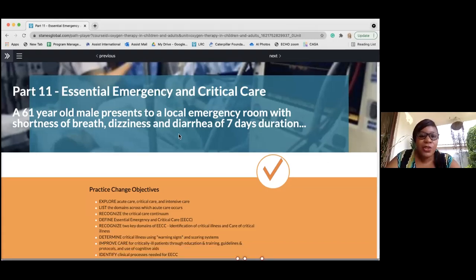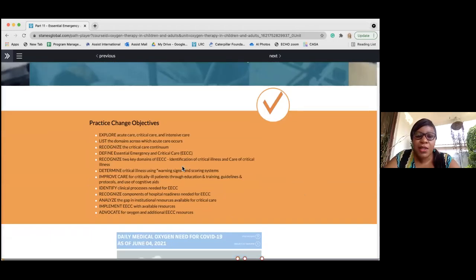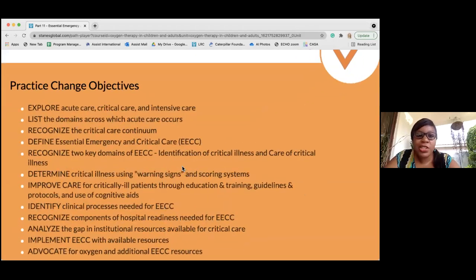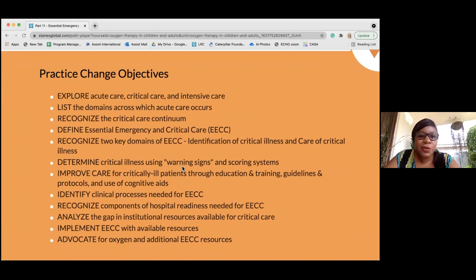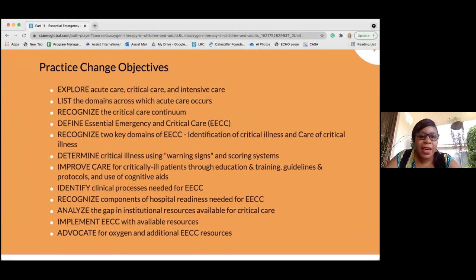Throughout today's session, we'll be referring to our patient, Mr. G, a male, 61, who presents to the local emergency room with shortness of breath, dizziness, and diarrhea of 7 days duration. In terms of our practice change objectives, we should explore acute care, critical care, and intensive care.